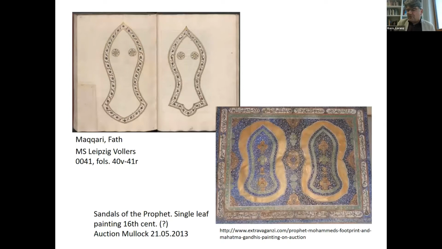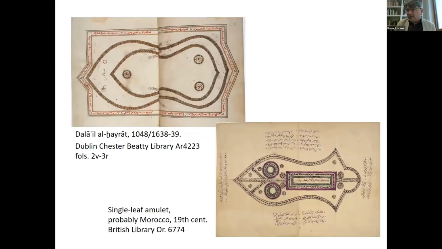Similar representations became widespread also on single leaves, which could be put up somewhere, such as the finely illuminated example, probably from India on the right, or they could be worn as a talisman, like the one on the bottom right here.